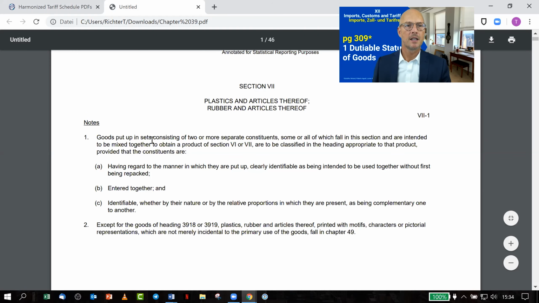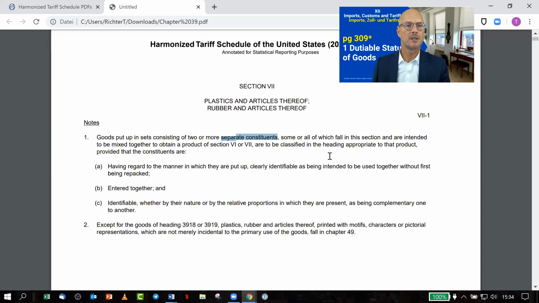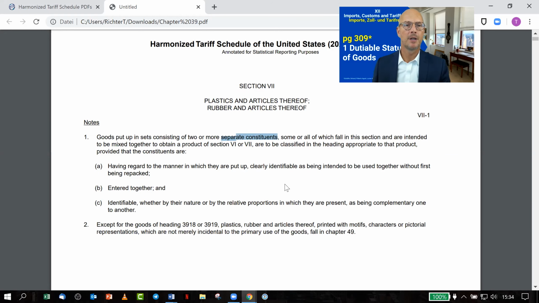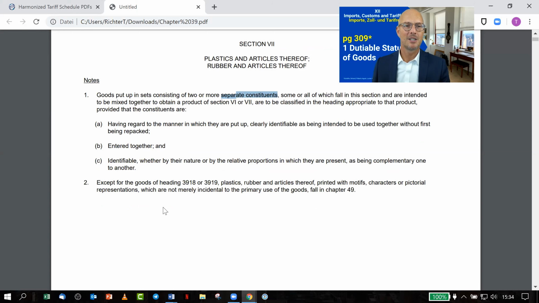Goods put up in sets consisting of 2 or more separate constituents, some or all of which fall in this section and are intended to be mixed together to obtain a product of section number 6 or 7, are to be classified in the heading appropriate to that product, provided the constituents are, having regard to the manner in which they are put up, clearly identifiable as being intended to be used together without first being repacked, entered together, and identifiable, whether by their nature or by the relative proportions in which they are present.